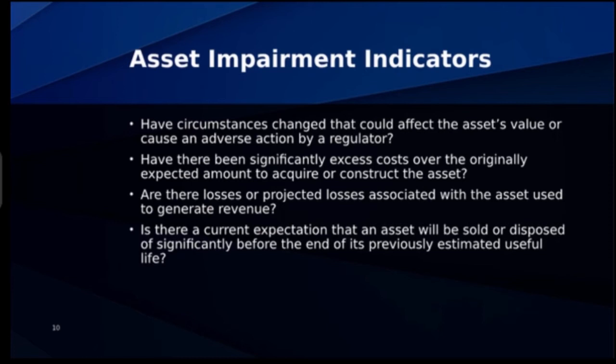Is there a current expectation that an asset will be sold or disposed of significantly before the end of its previously estimated useful life? Again, has something happened that's changed the way that asset will be used or the expectations of that asset? Then that needs to be reflected in whether we decide on an asset impairment.